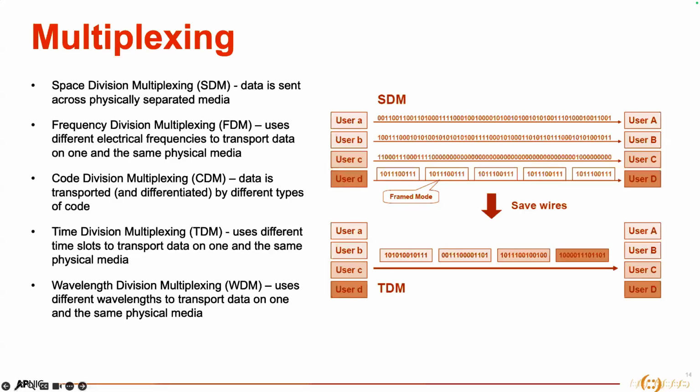Then we have time division multiplexing. Here, data is transmitted from source to destination over one physical optical fiber, single channel, with different time slots or different time windows.